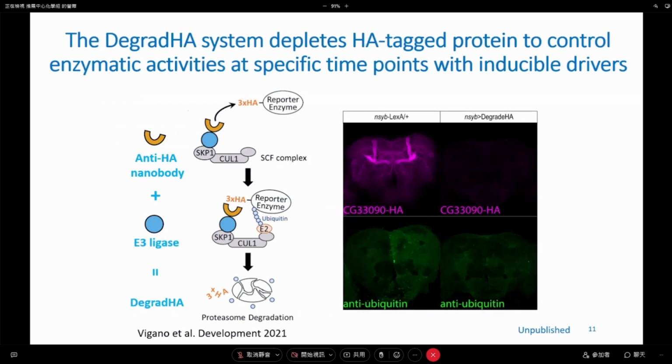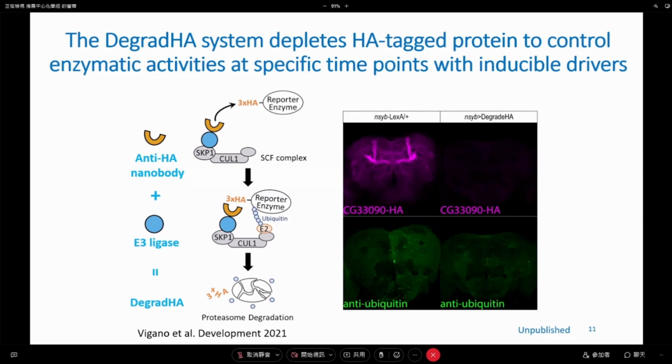That's the first part. The second part is to degrade the protein. The concept of degradation is easy: you just fuse a nanobody to an E3 ligase, and those two would specifically recognize the protein and target it for degradation.